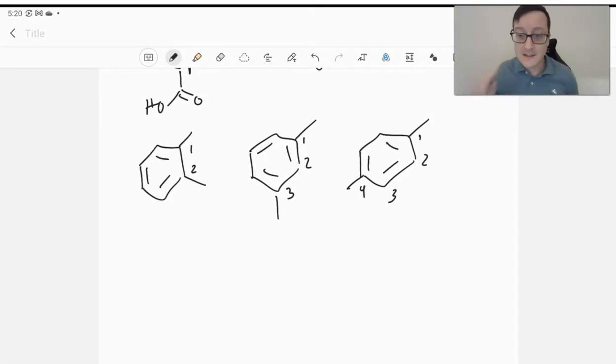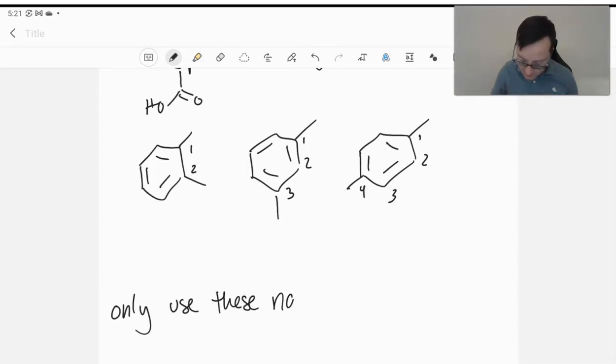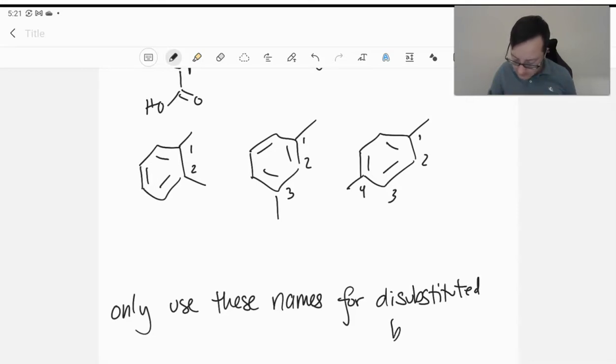On a di-substituted benzene only, meaning you only have 2 substituents, not 1, not 4, not 3, not 6. Only with 2 substituents can you use these names. I will write that down here. Only use these names for di-substituted benzenes.